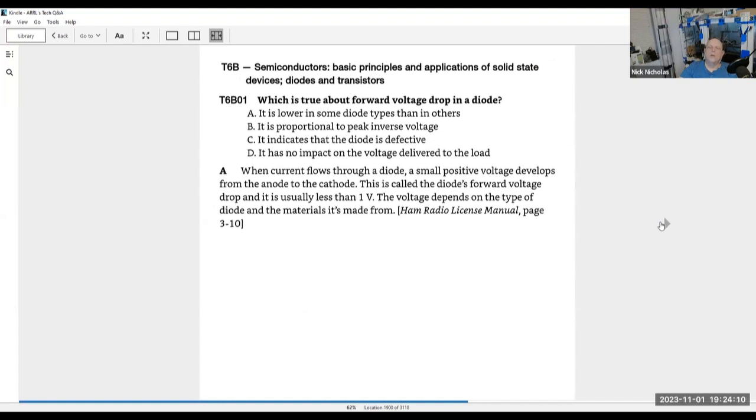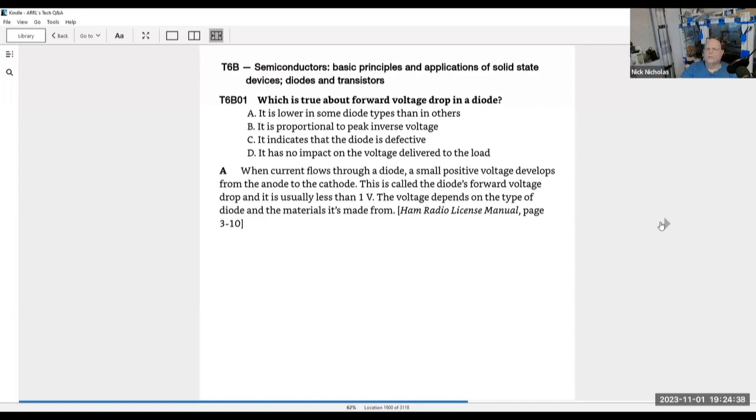Which is true about forward voltage drops in a diode? Okay. There's a voltage barrier for every diode. It's less than a volt, but it's a small amount of voltage that has to be exceeded, not current, voltage, before the diode conducts.